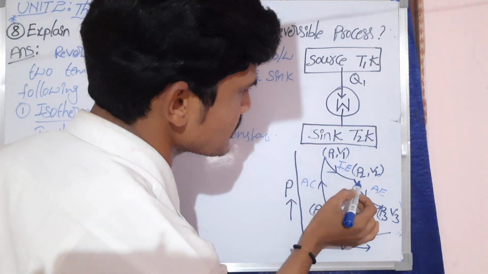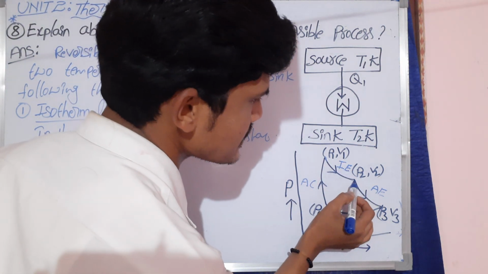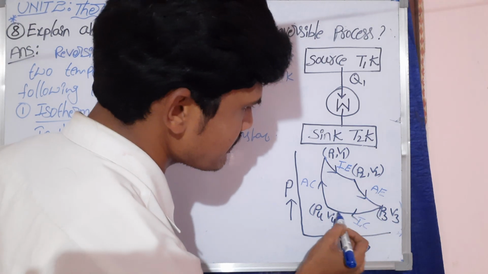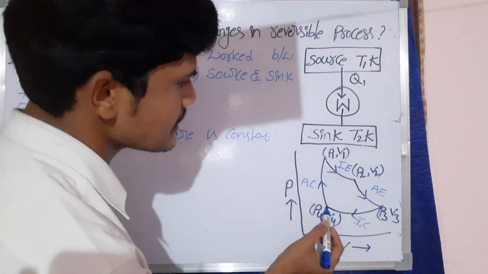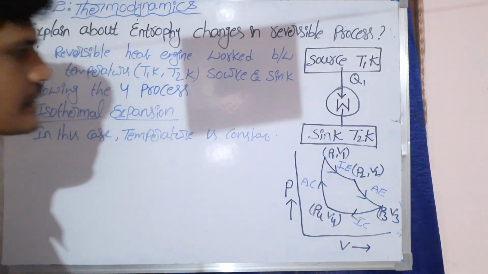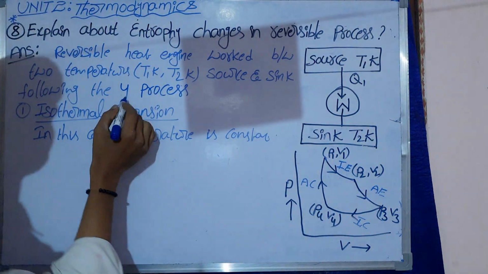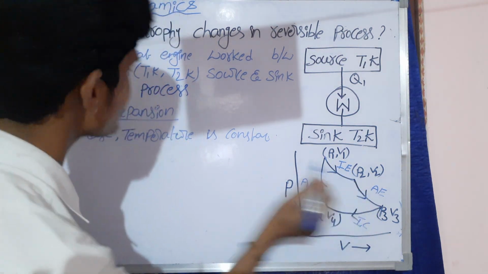This curve indicates the isothermal expansion. Next this curve indicates the adiabatic expansion. This curve indicates the isothermal compression. Next this curve indicates the adiabatic compression. So these are the four steps, 1, 2, 3, 4. First process is isothermal expansion.